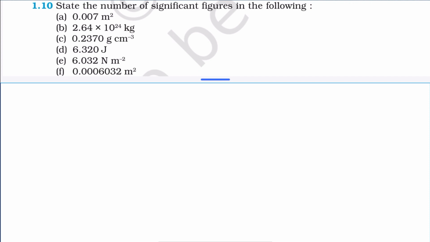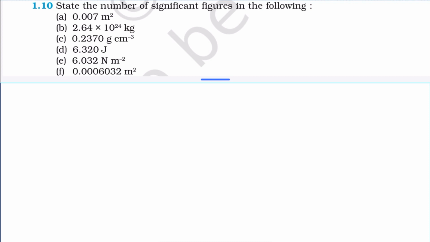Got it? So you have to ignore left-sided zeros irrespective of whether a decimal point is available or not in the number, and you have to ignore right-sided zeros if there is no decimal point in the number. That's it.